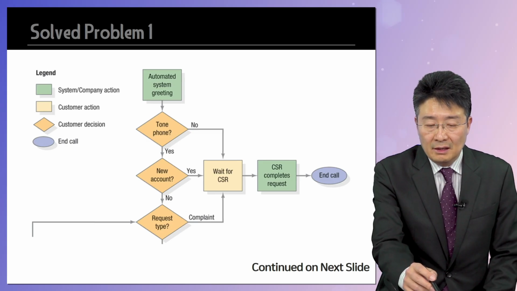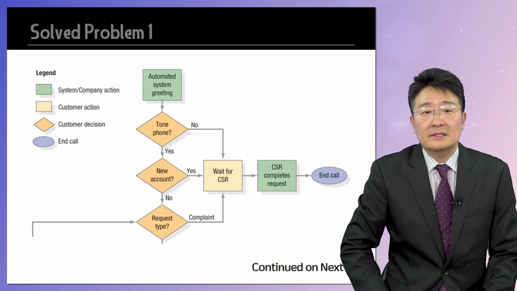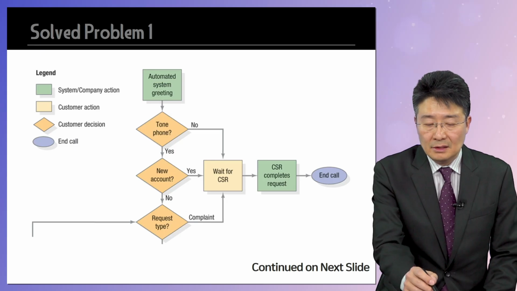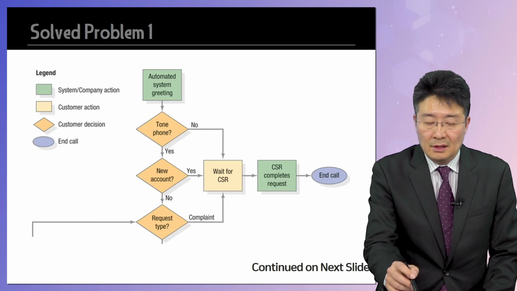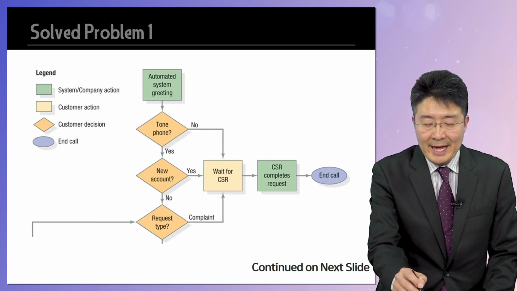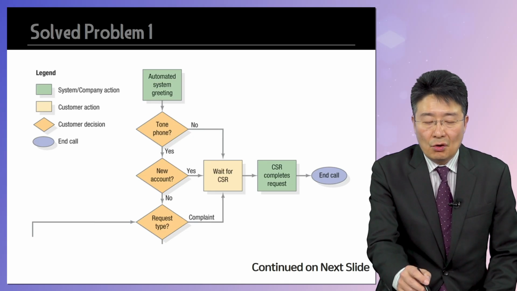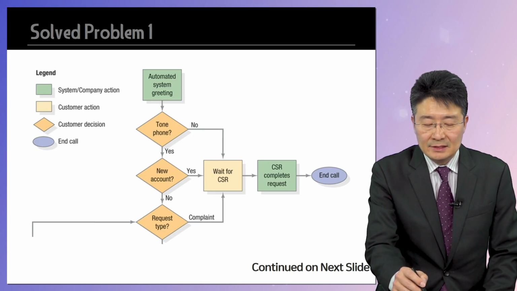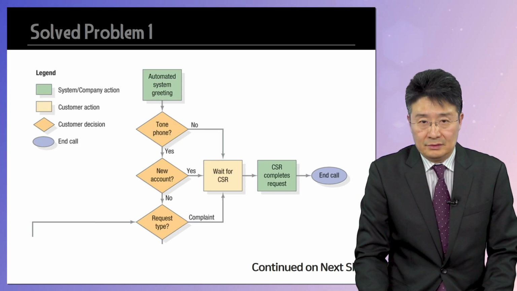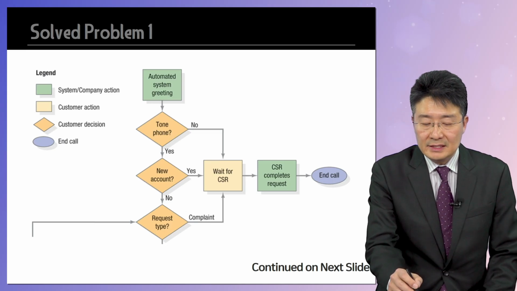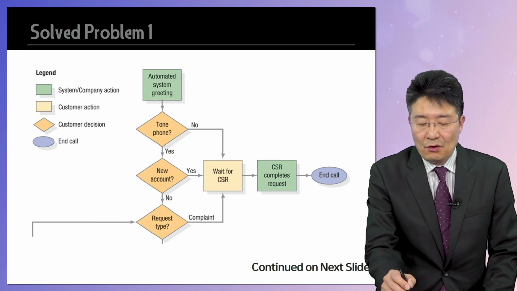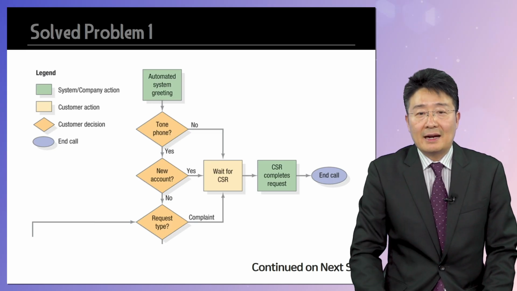We can start with automated system greeting. Then the tone phone, the no and yes. If tone phone is yes, we can proceed to new account. If it is yes, we can go to wait for CSR.